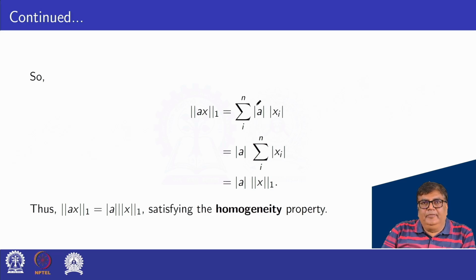Here a is free from i, so we can write it outside the summation. That is mod a summation i equal to 1 to n mod xi. And as per the definition, we can write summation mod xi as norm x1. Thus, norm a x1 equals mod a norm x1. So it satisfies the third condition.